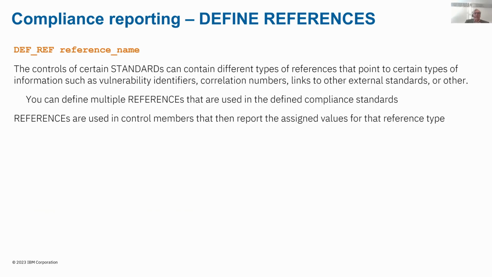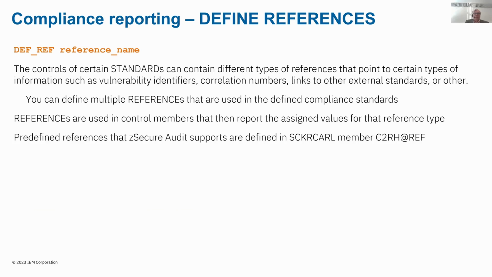Then another new statement is the def ref, where we define a reference name, the same purpose in a way, to ensure you don't make typing mistakes. So in the controls themselves, you can refer to things, and those things you can refer to need to be defined with def ref. There are some predefined ones. That's the add_ref member in the Carla library. And the ones we do predefine are vulID, which is the vulnerability identifier used by the Secure Technical Implementation Guide.